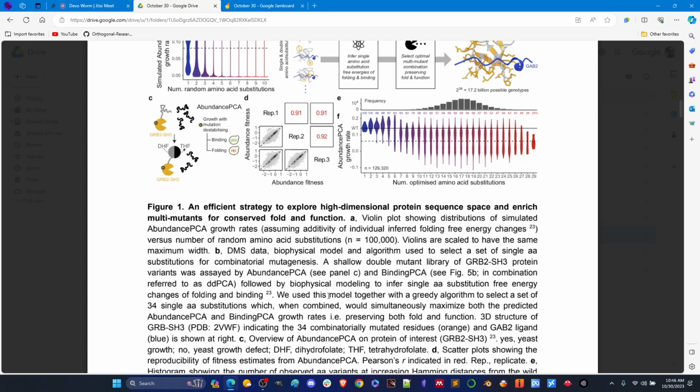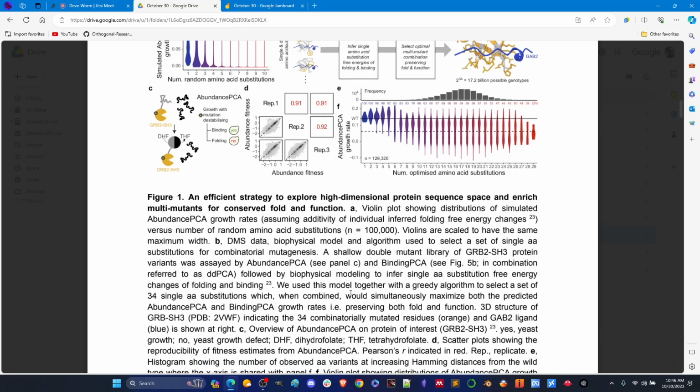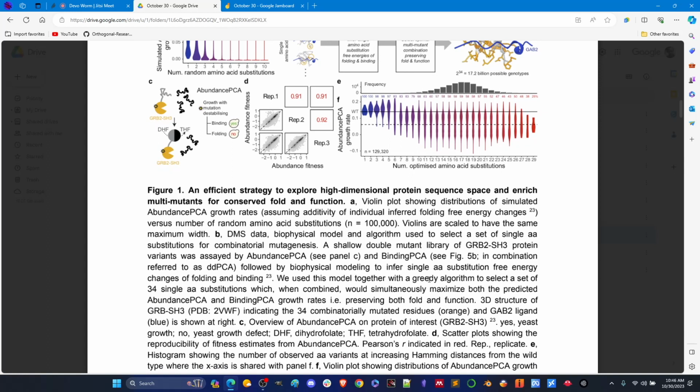Then they build this biophysical model to infer the conditions under which these changes are functional. They use this model together with a greedy algorithm to select a set of single amino acid substitutions, which when combined will simultaneously maximize both the predicted abundance PCA and binding PCA growth rates, which preserves both fold and function.